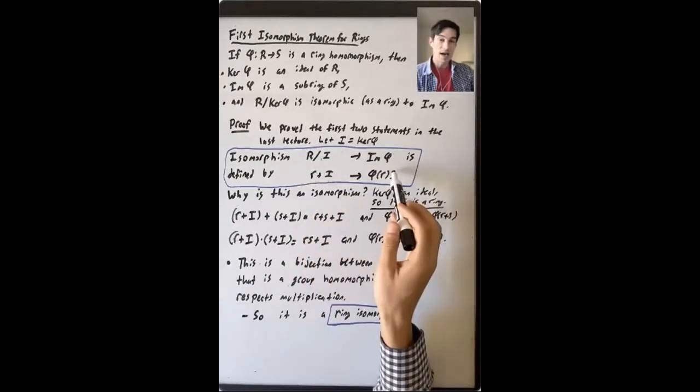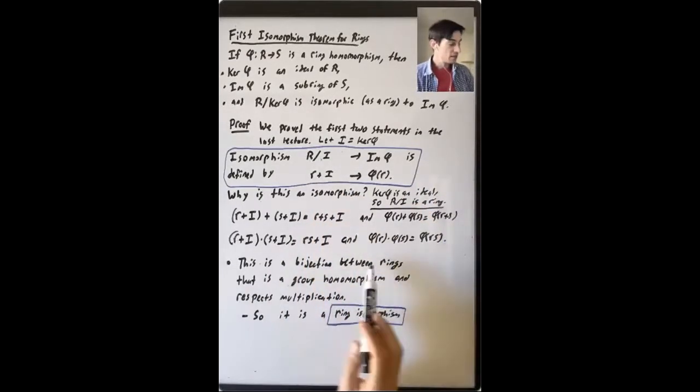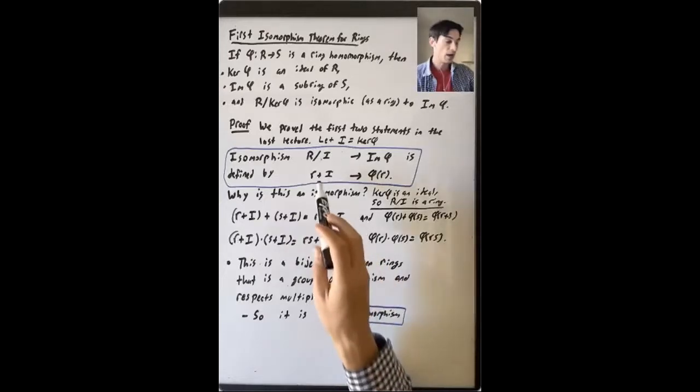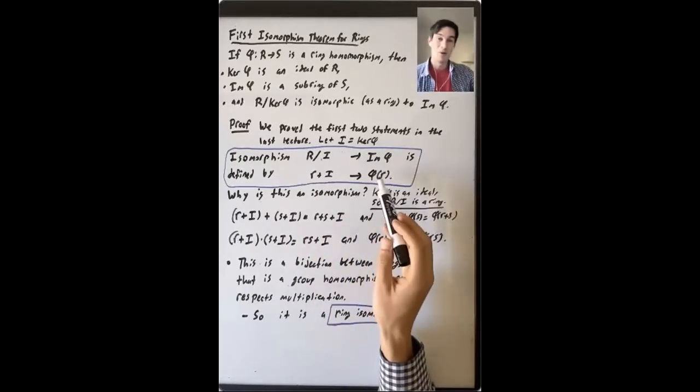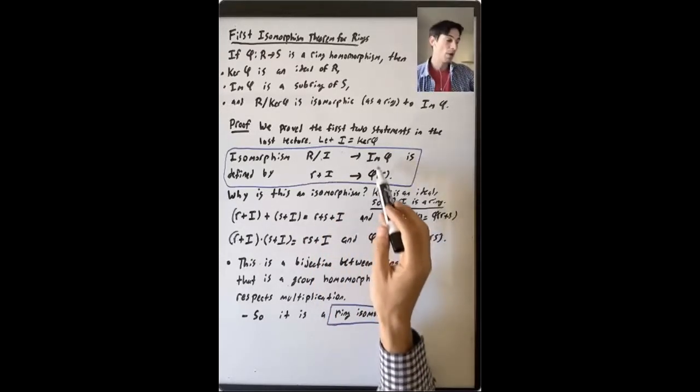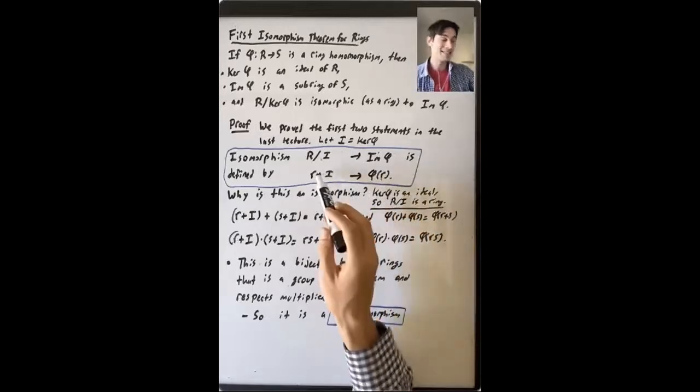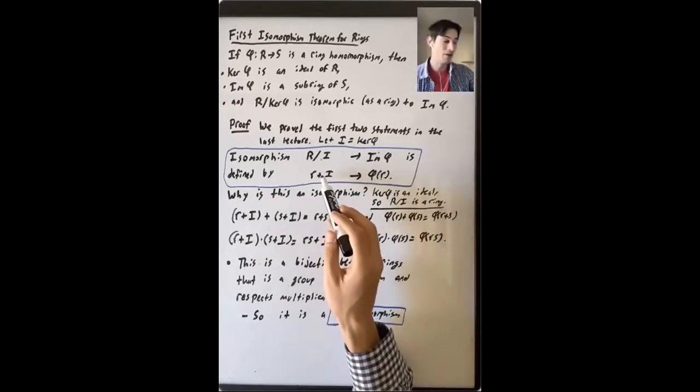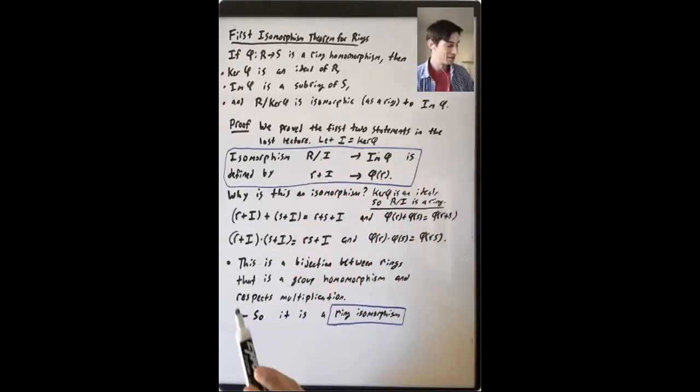So what's going on here now is that this is a bijection between rings. Why is it a bijection? Well, what is the fiber above some element in the image? It's exactly a coset of I in R. So this really is a bijection because of this statement that cosets are fibers.